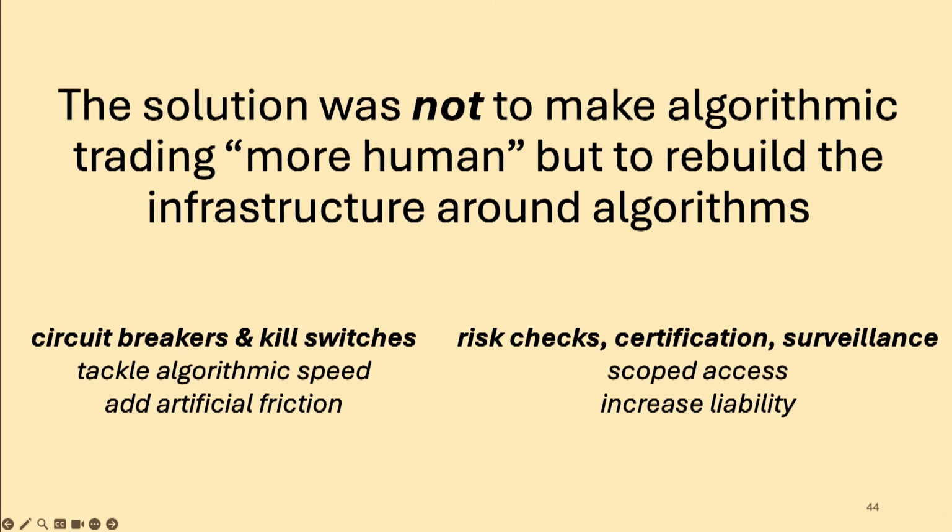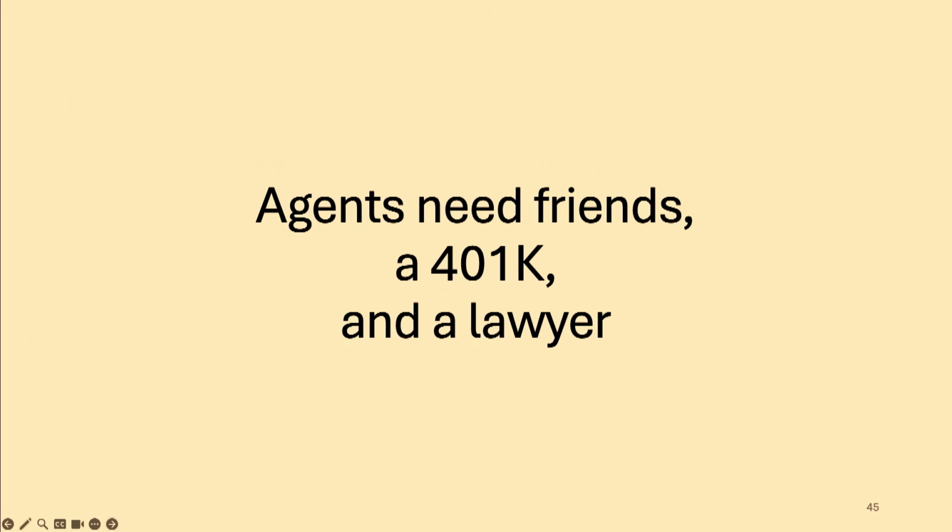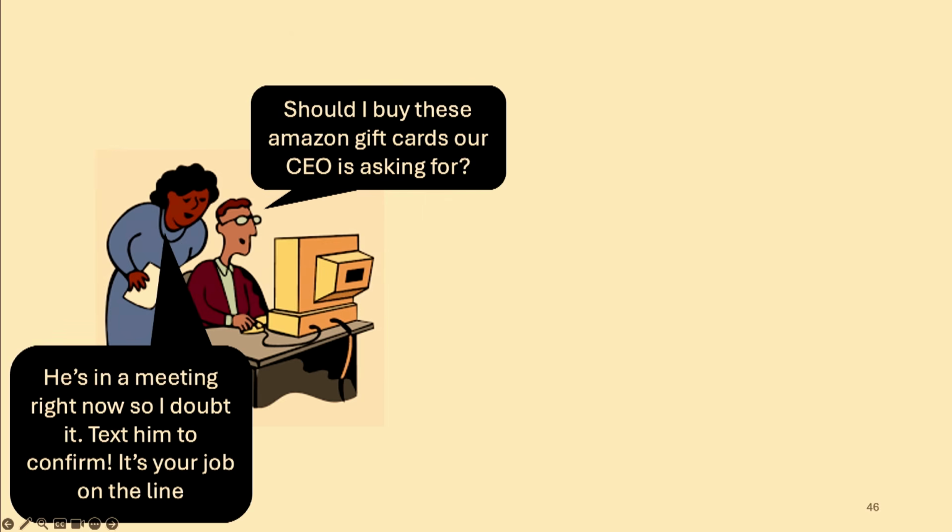And the cheeky way I describe this is that agents need friends, a 401k, and a lawyer. Take the same example of a phishing scam. For humans, this might look like: should I buy these gift cards our CEO is asking for? Well, maybe you have a friend there who's like, oh, he's in a meeting right now, probably this is not from him, you can text him to confirm.